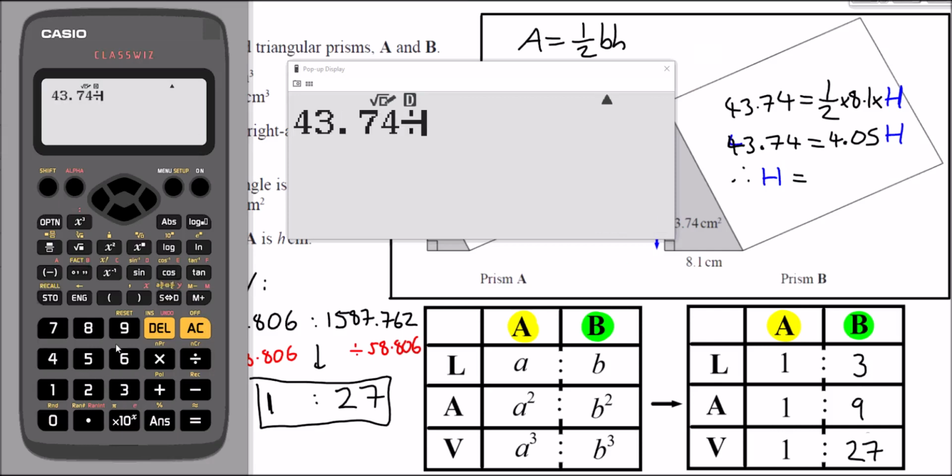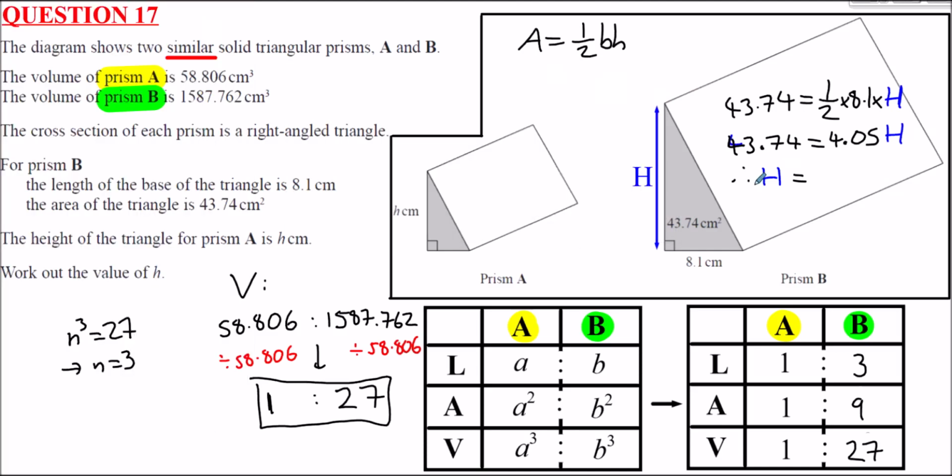43.74 divided by 4.05. That's going to give us 54/5, which is 10.8. So, in terms of areas, we've got 1 to 9, length is 1 to 3.